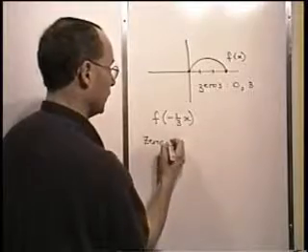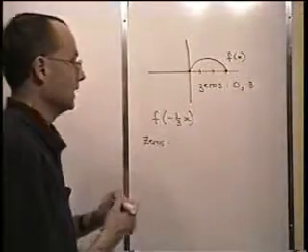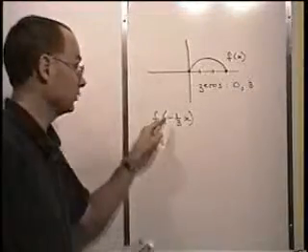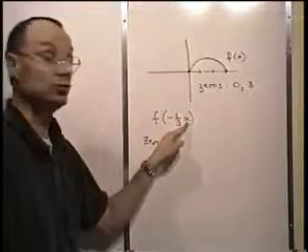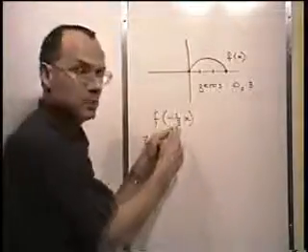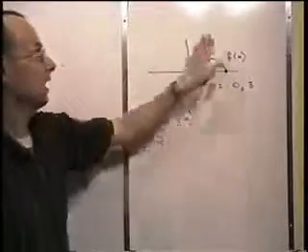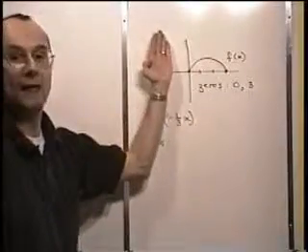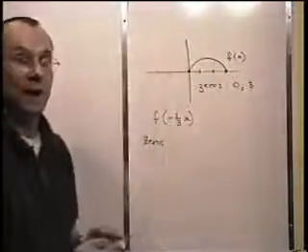Well, let's first of all analyze what the graph is going to become. Now, as we saw earlier with reflections, when you put a negative in front of the x term, now the fact is I put in a negative 1/3, but the negative itself has the effect of reflecting across the y-axis. We have to keep that in mind. We're going to reflect across the y-axis.